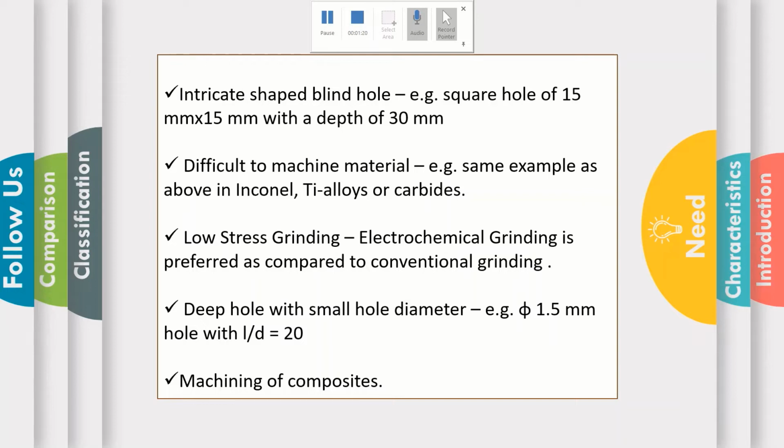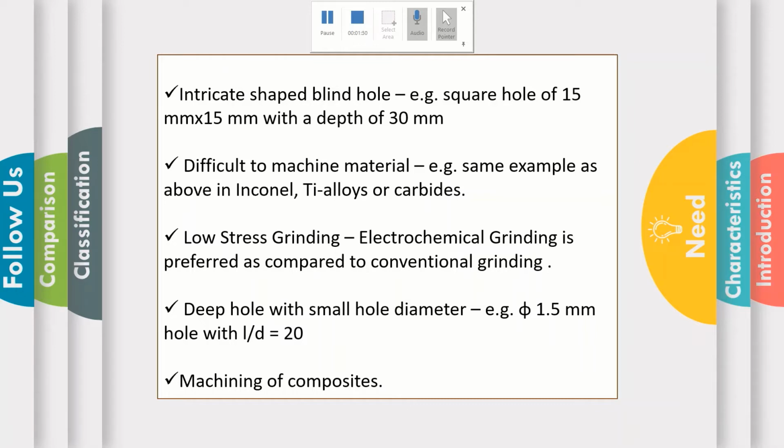For example, electrochemical grinding is the non-traditional technique where we can use this low stress grinding. Then, if you want to make a deep hole with small diameter, then we can use NTM processes. For example, a 15 diameter hole with inner and outer diameter 20. At that time we can go for NTM processes.